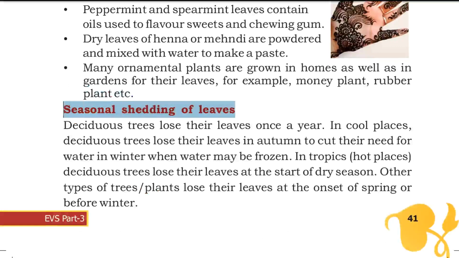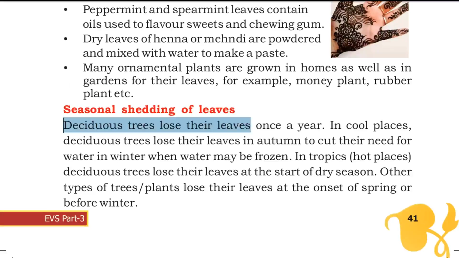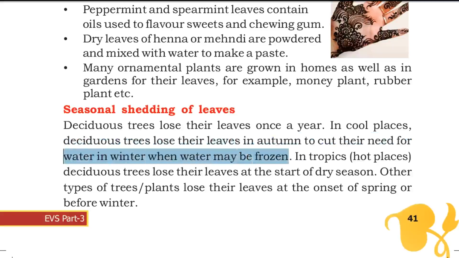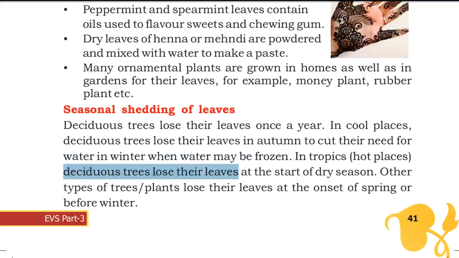Seasonal shedding of leaves. Deciduous trees lose their leaves once a year. In cool places, deciduous trees lose their leaves in autumn to cut their need for water in winter when water may be frozen. In the tropics, hot places, deciduous trees lose their leaves at the start of the dry season.